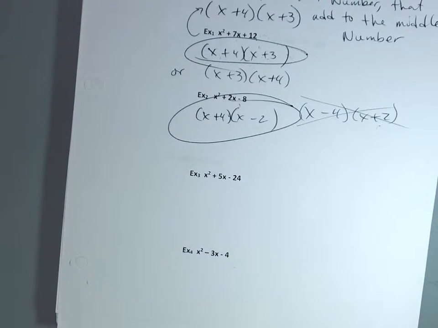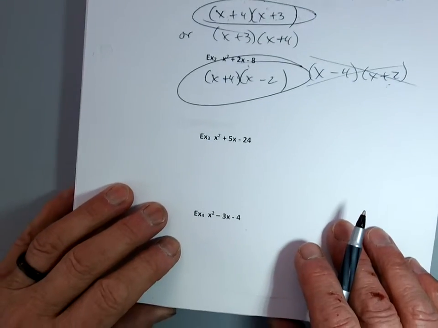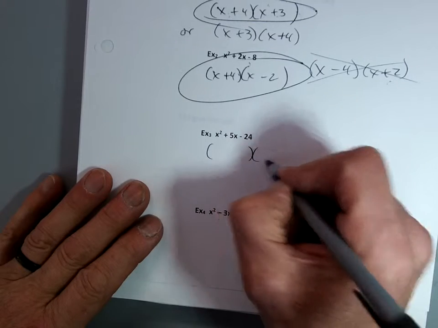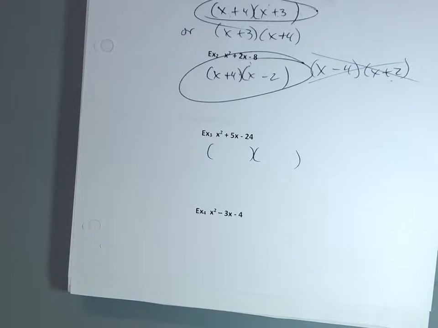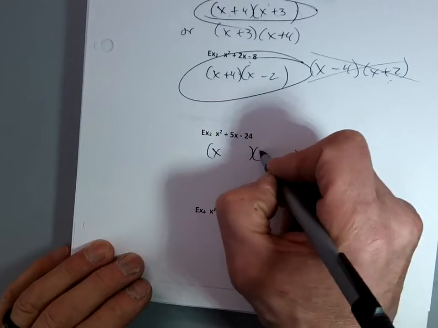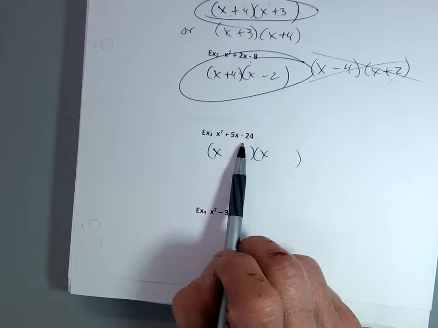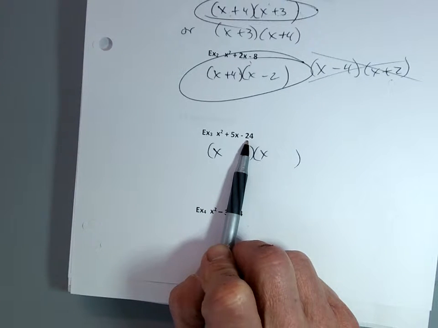Thumbs up? Okay, how about example 3? What do you think? Start with parentheses, parentheses. X and X, right? You guys agree? Now, negative 24.